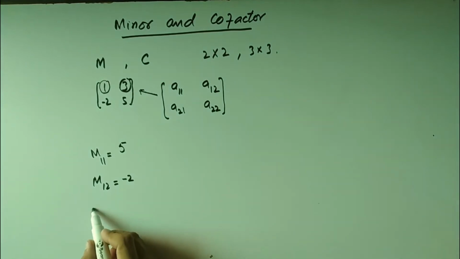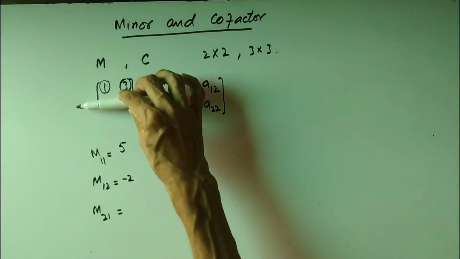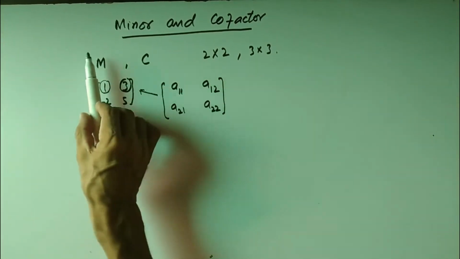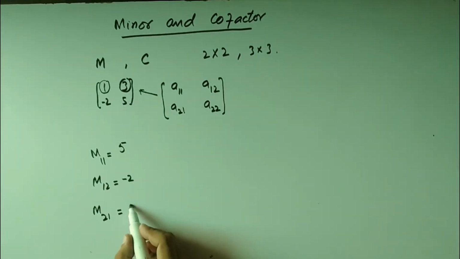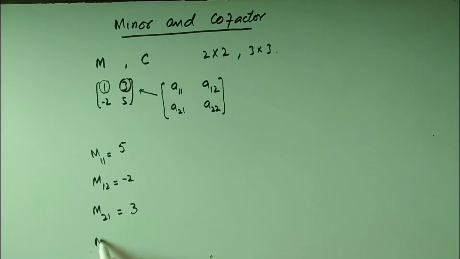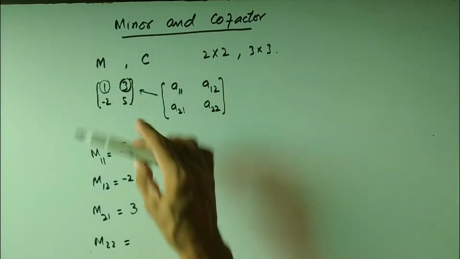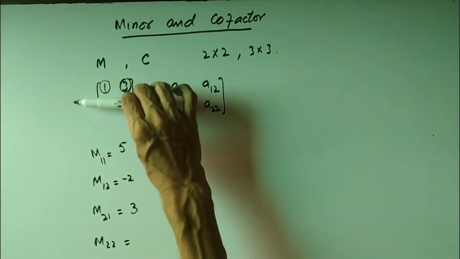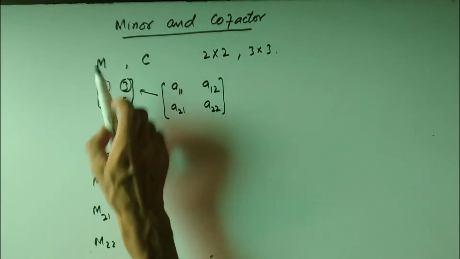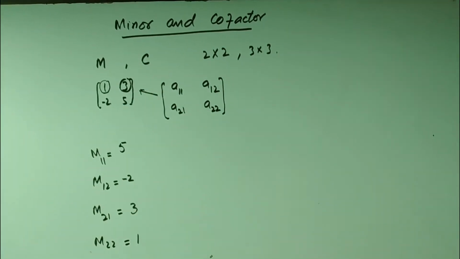Same way, M21: second row and first column we will leave, so the remaining element will be 3. And M22: second row and second column we leave, so 1 will be the minor.